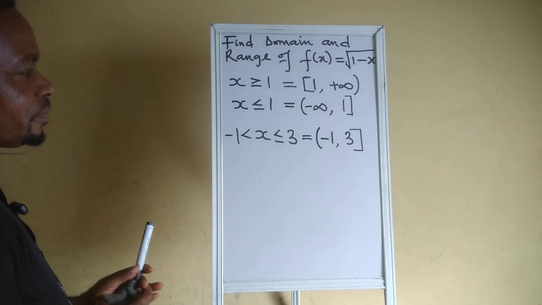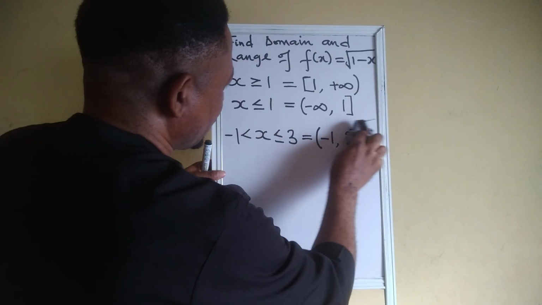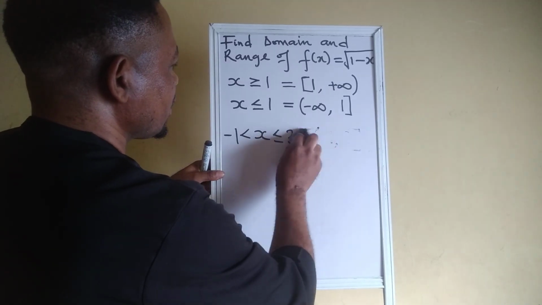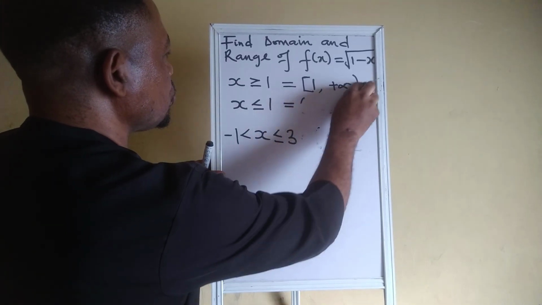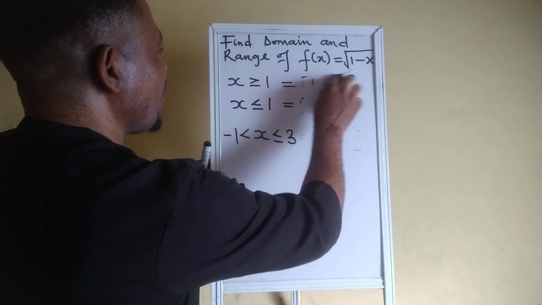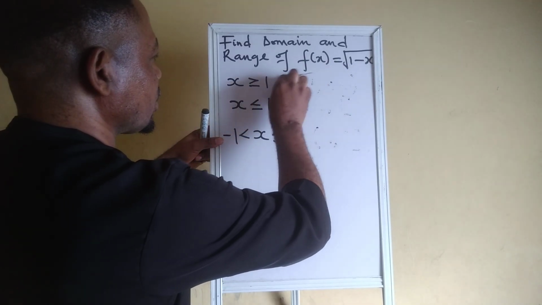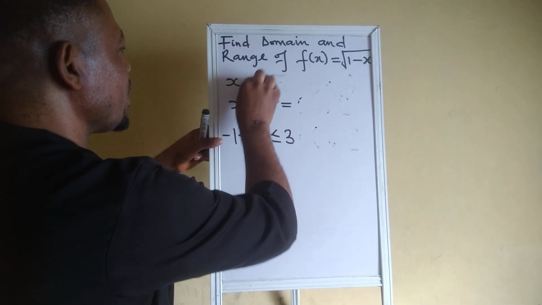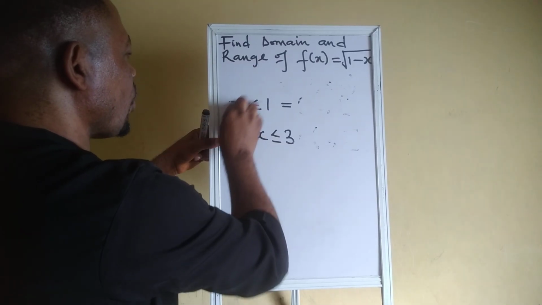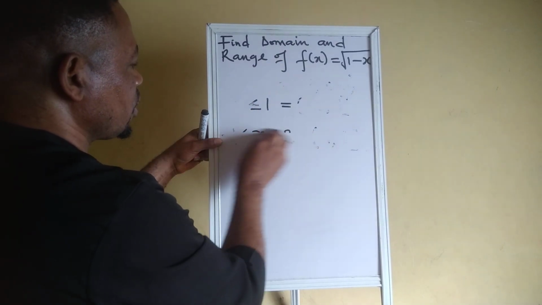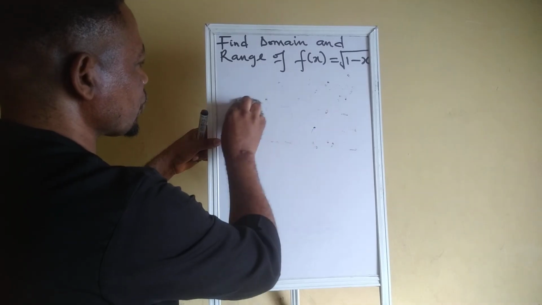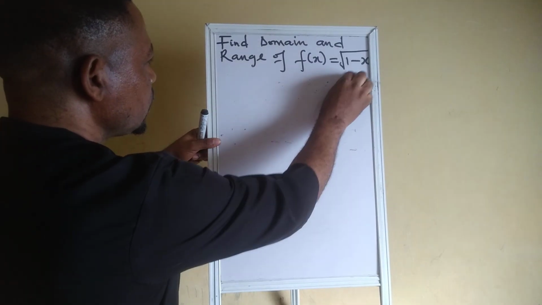Am I communicating now? Now let us solve this particular problem. Just like I said, after solving it, I'm going to show you diverse ways you can approach this to find the domain and range of a function, especially when it is in square root form.